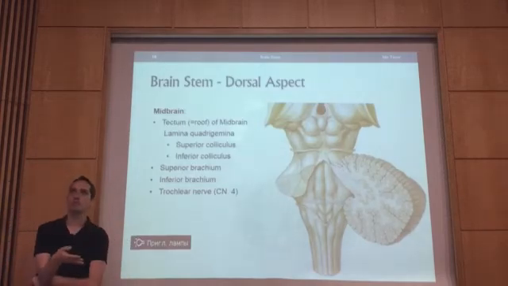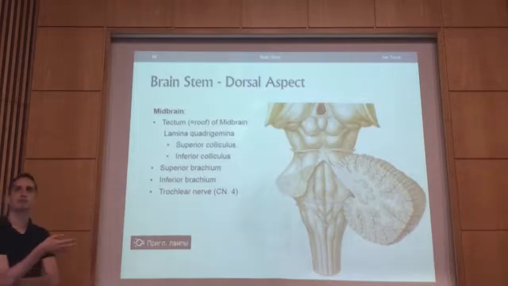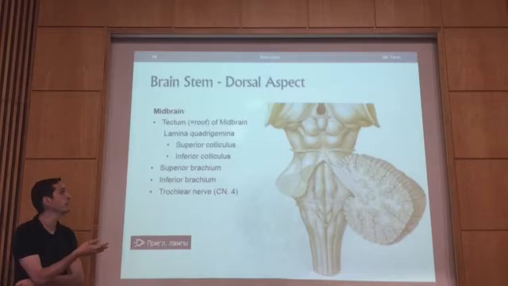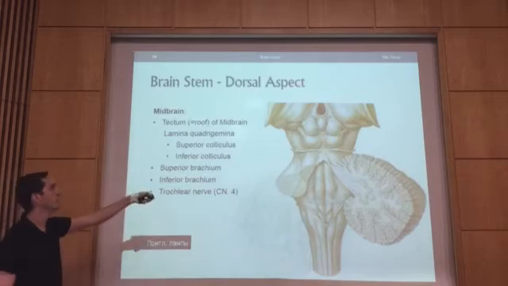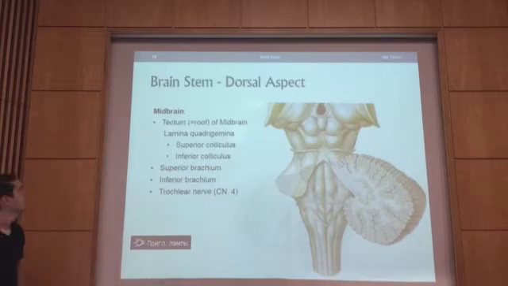So just to go back to where we were, we described the brainstem from the ventral aspect, and now we're looking from the back of the head on the dorsal aspect of the brain. We described areas of the telencephalon, the diencephalon, and now we'll start to describe the midbrain of the brainstem.